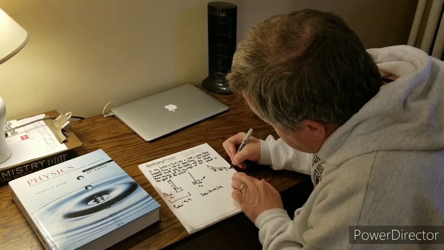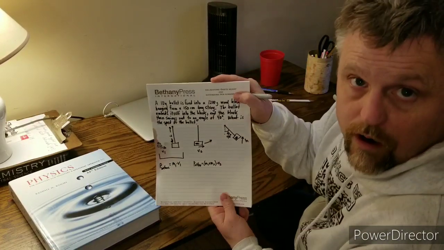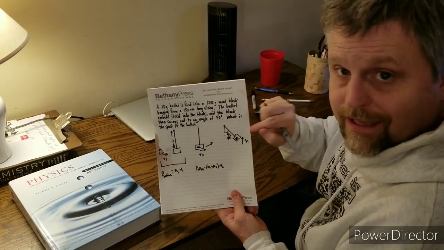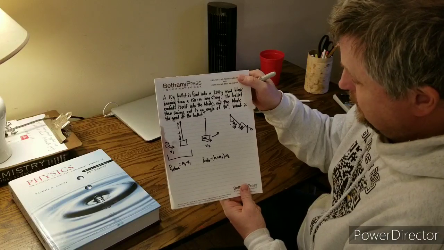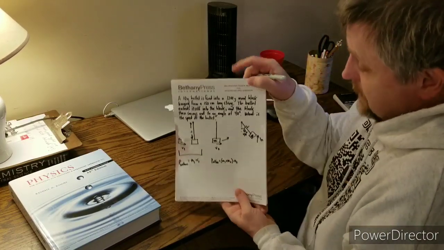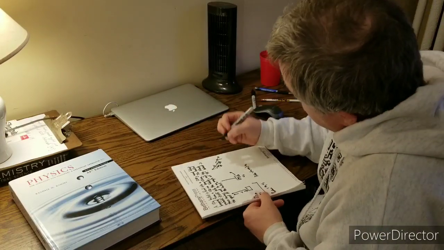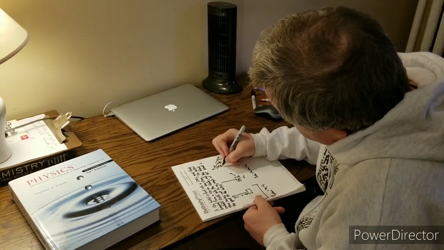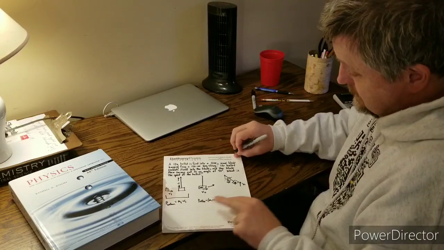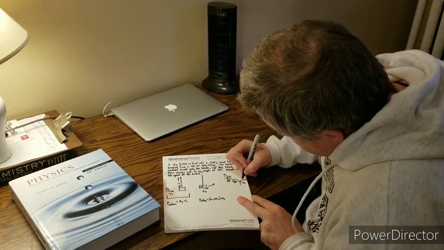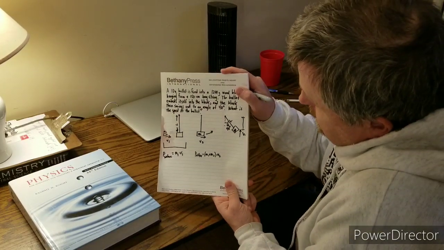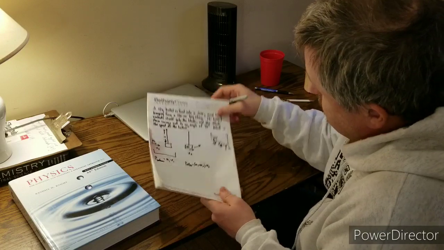The block and the bullet are going to go up a height. How high they go depends on the angle of the string, and we know what that angle is. The string itself is a distance L. The distance from the height plus this extra distance right here is going to be a total of L, and this is going to be a common kind of question that you are going to do.